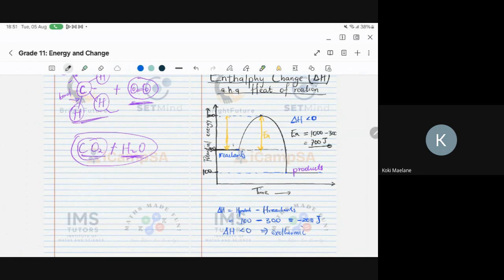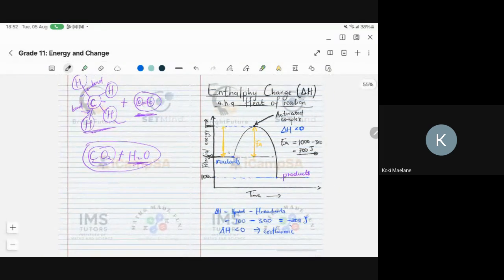Then we have this other point here, the peak. Now this peak energy here is what you would call the activated complex.